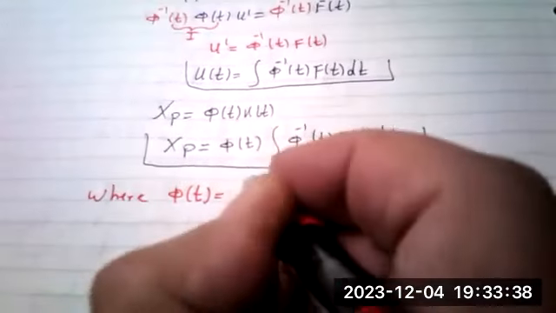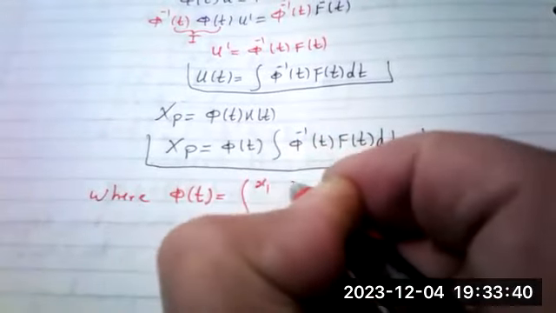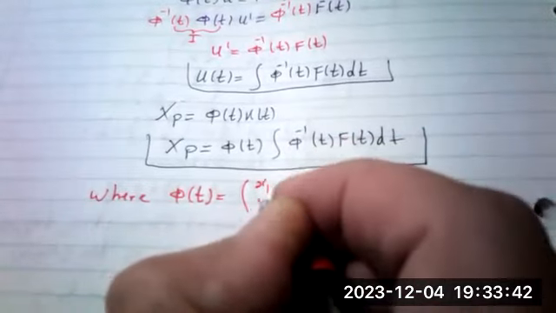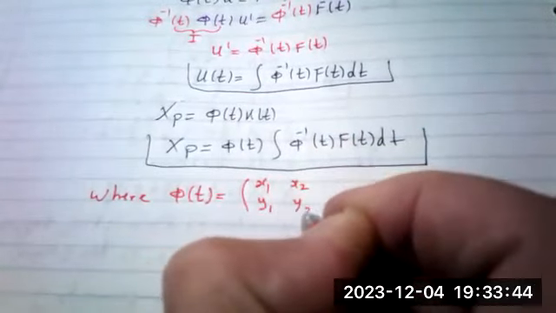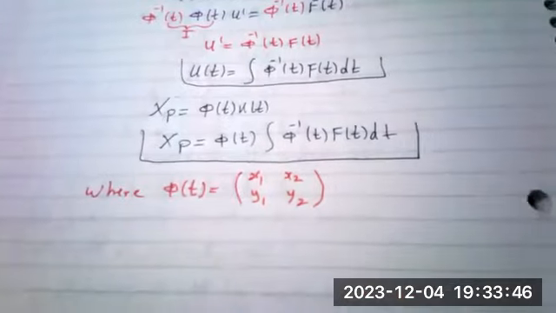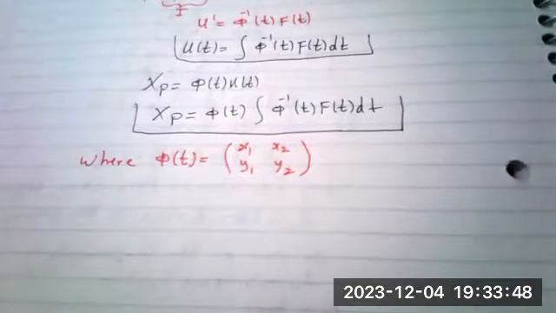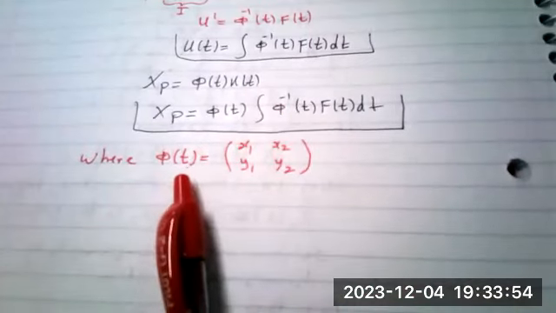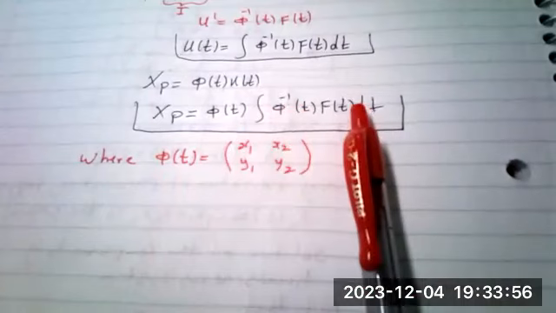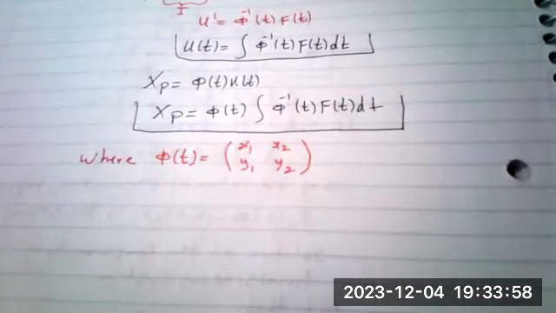So just remind you that phi of t is going to be x1, x2, and this is going to be y1, y2. You start from here. As soon as you find the homogeneous equation, you find phi of t is a 2 by 2 matrix. You find the inverse of the phi of t. You multiply by f of t, which would be a function. You integrate it, and you multiply by phi of t.